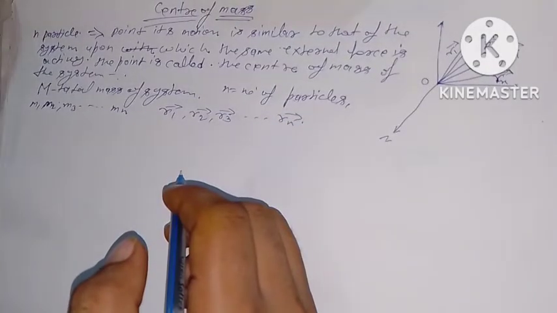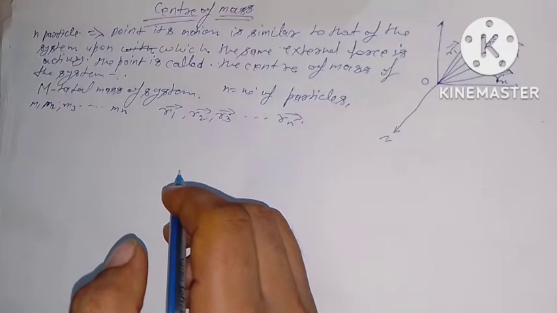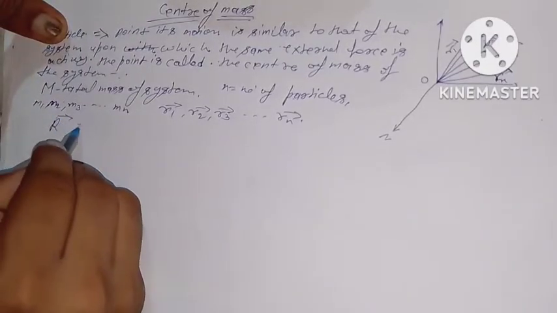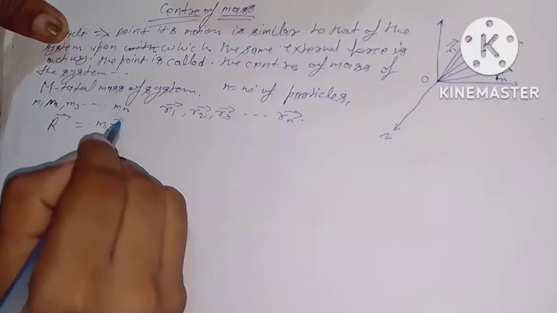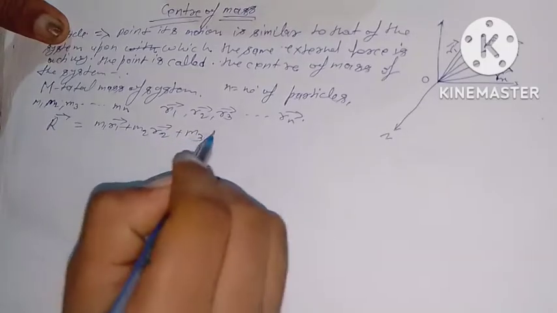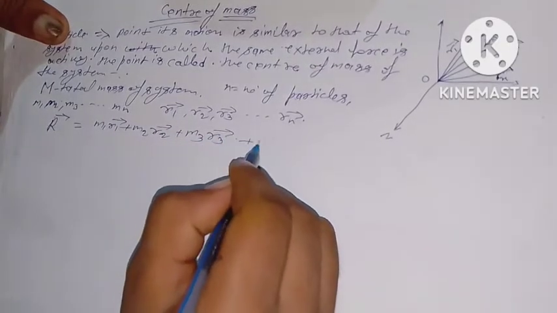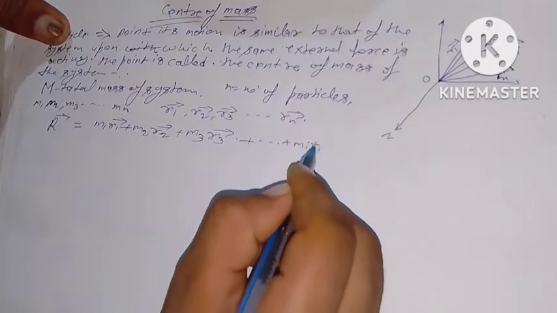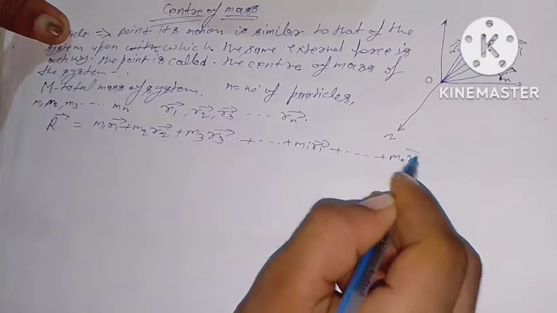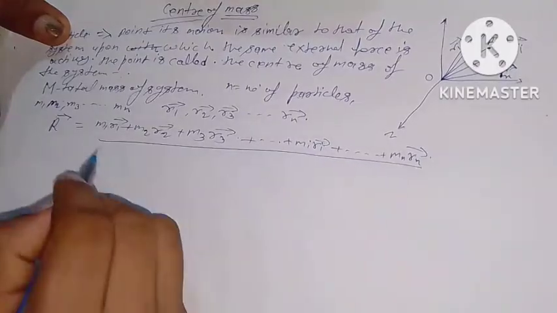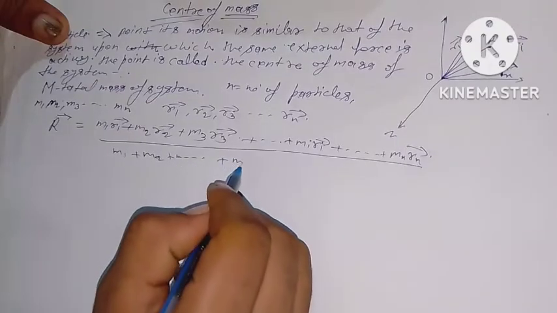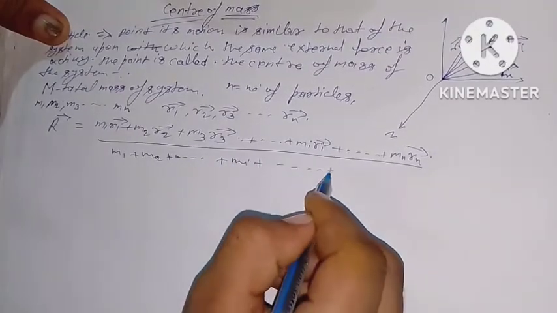Then the center of mass of the system is defined as the point whose position vector capital R is given by R vector equal to m1 r1 vector plus m2 r2 vector plus m3 r3 vector plus ... plus mi ri vector plus ... plus mn rn vector, whole upon m1 plus m2 plus ... plus mi plus ... plus mn.